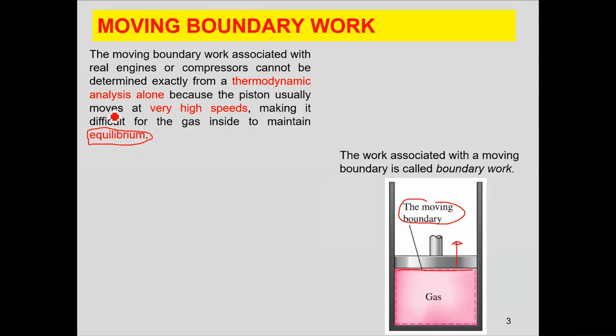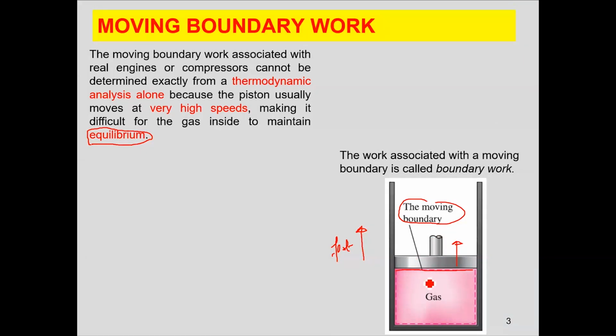Therefore, thermodynamic analysis alone is not sufficient to exactly determine the work associated with the movement of the boundary. As this piston is moving very fast, equilibrium within the system is not established. And since equilibrium is not established, you cannot determine the boundary work from thermodynamic analysis.